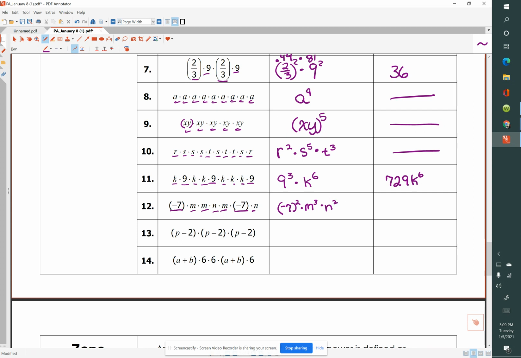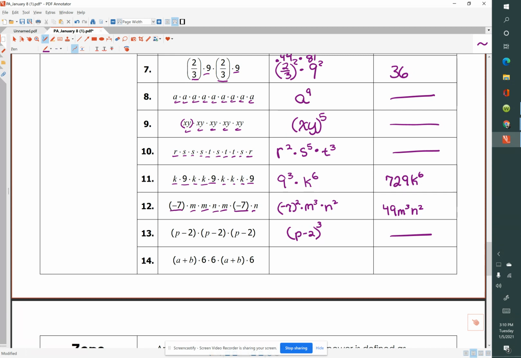Now, -7 times -7 is 49, and then we just write our m to the 3rd, n to the 2nd. And now with our p minus 2, it's written as a quantity, so we will just copy it just like that, p minus 2. It's repeated 3 times, so that's p minus 2 to the 3rd.